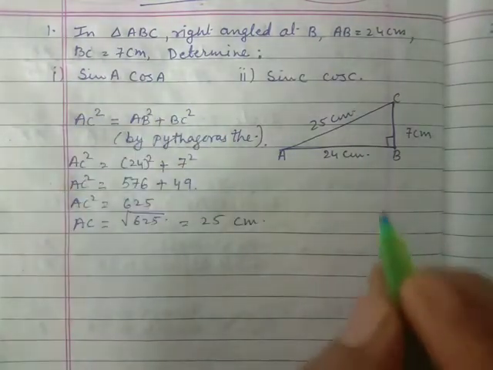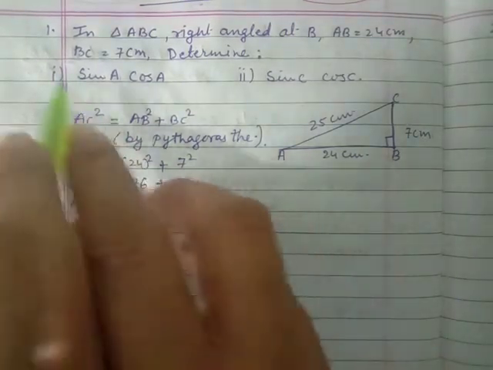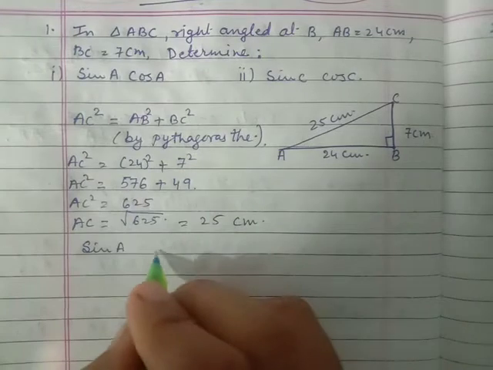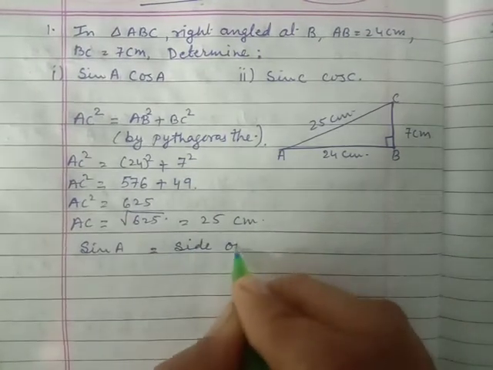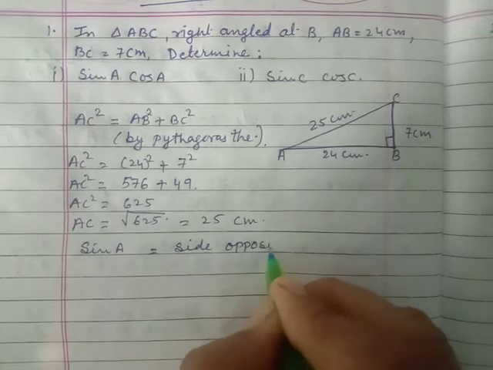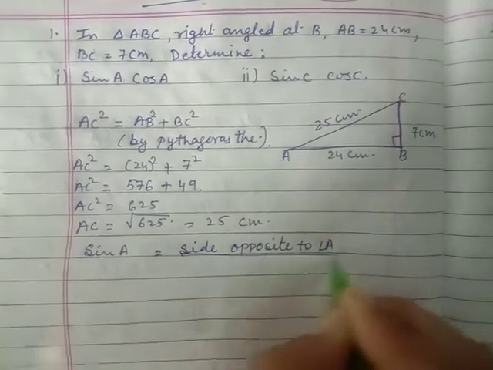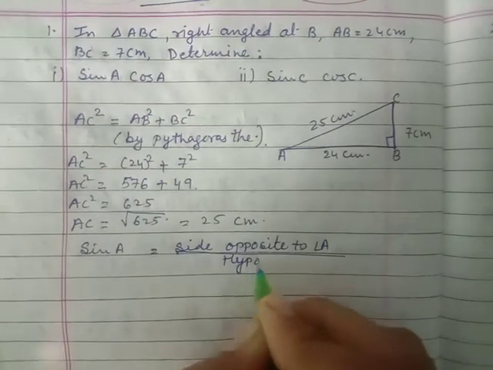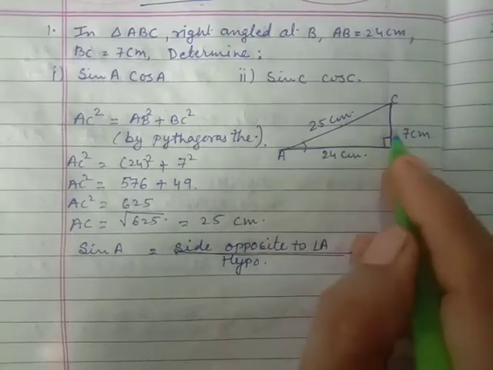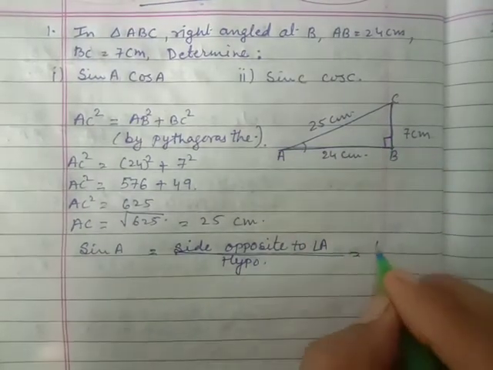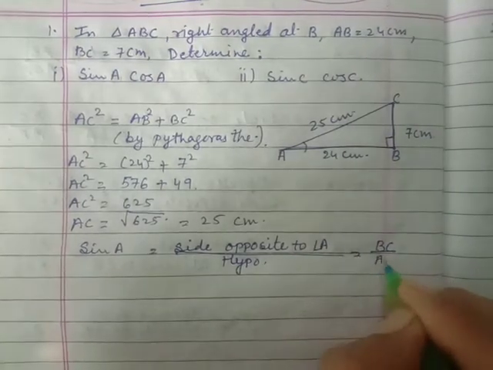Now we can find sine A. Sine A is the side opposite to angle A upon hypotenuse. The side opposite to angle A is BC. Hypotenuse means the longest side, AC.